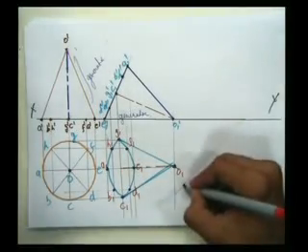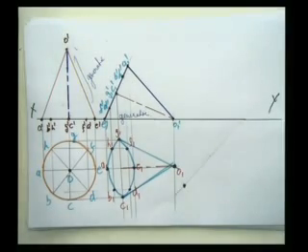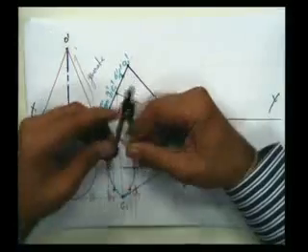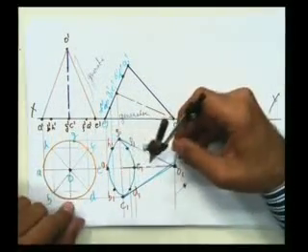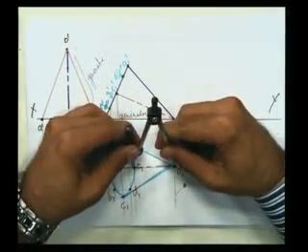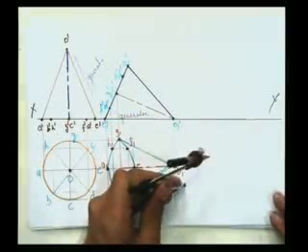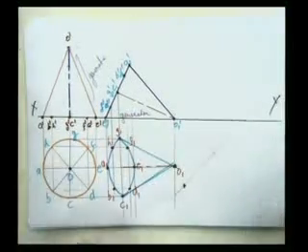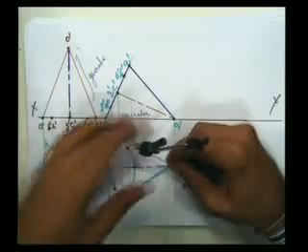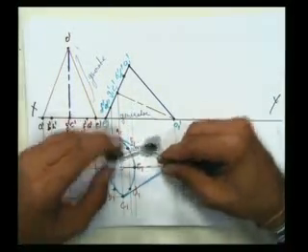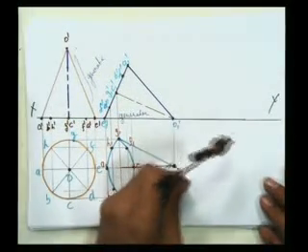Accordingly, I'll first mark these two points, A and E, that are at a particular distance and in line with this. I mark this point as C2, and the same for A.